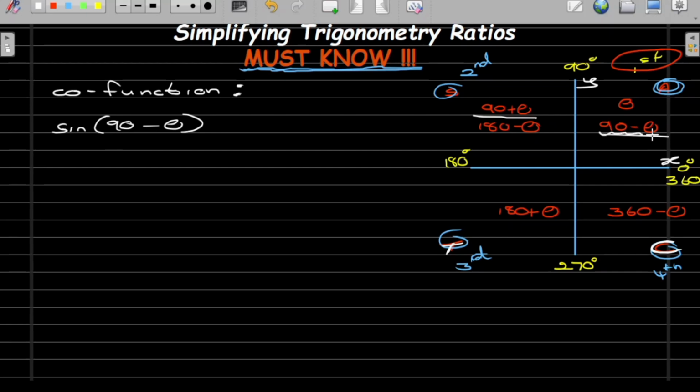So if you want to reduce this, you will have to say it is equal to cos theta. That's how it works. Whenever you see sine 90 minus theta, because it is a co-function, it will have to change, right? Sine 90 minus theta changes to become cos theta.